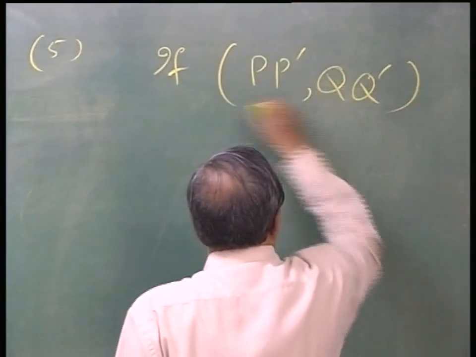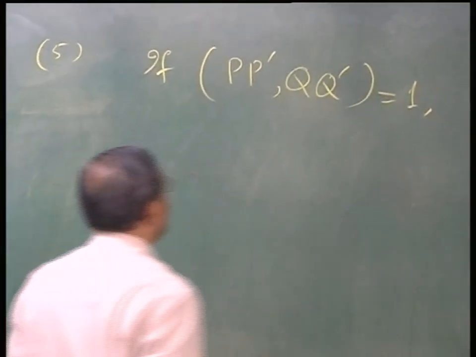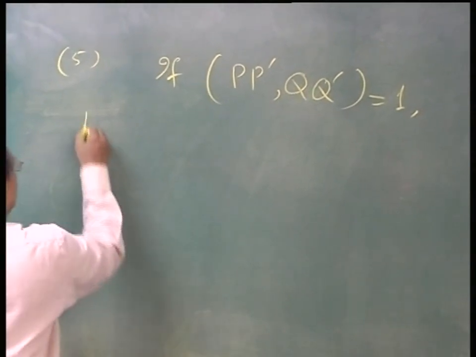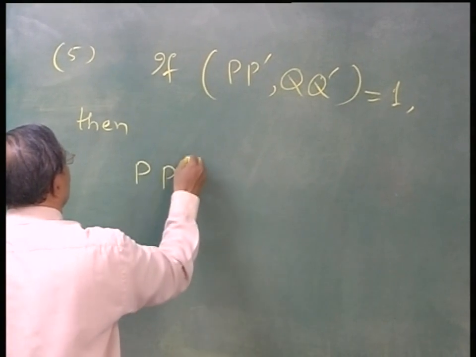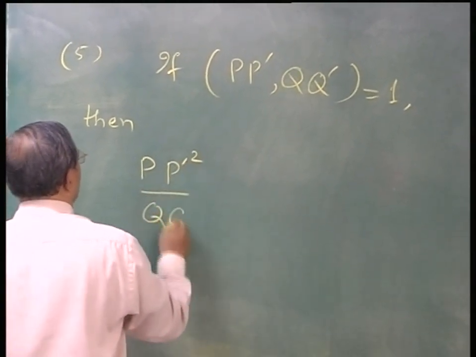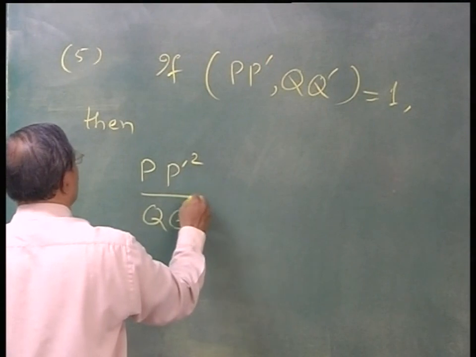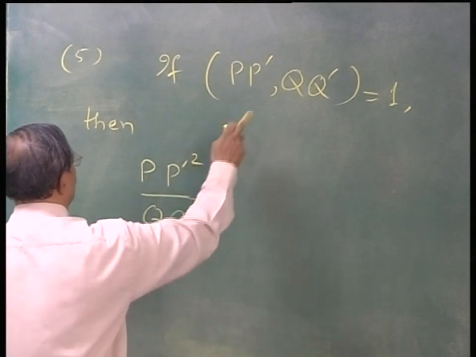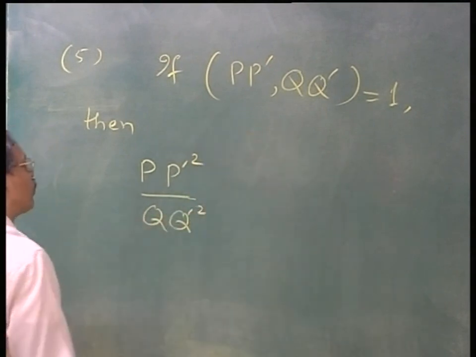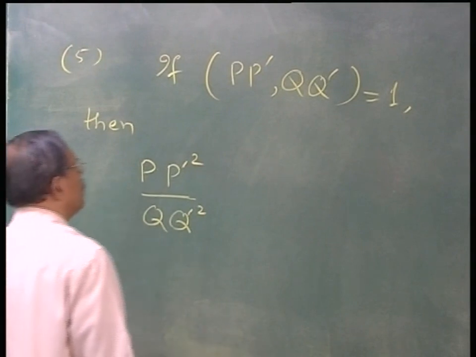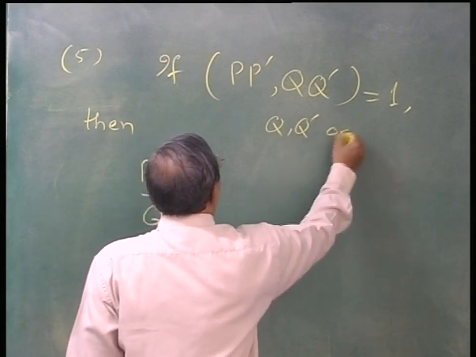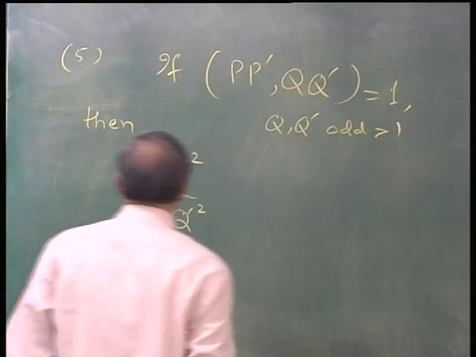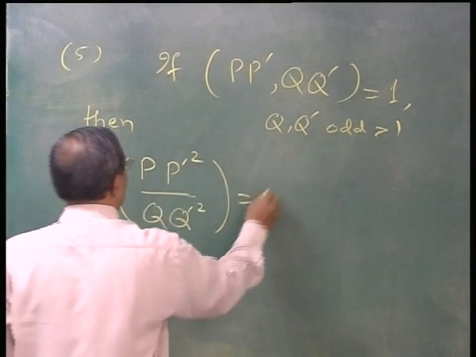If the GCD of P' and Q' is 1, then (P'²/Q'²), where we are assuming that Q and Q' are odd, is equal to what?